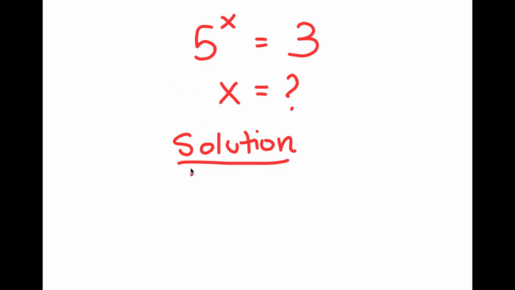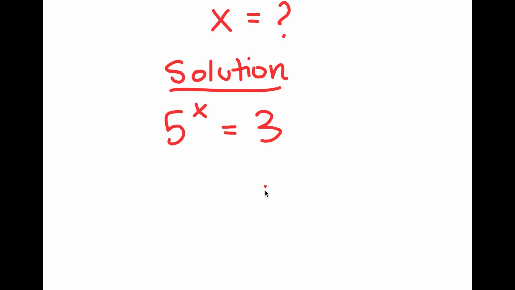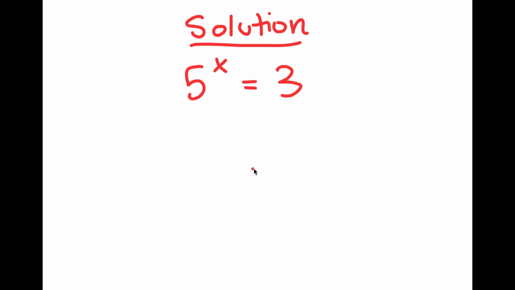I'm going to first rewrite my equation down here so I have a little more solving space. So my equation is 5 to the power of x is equal to 3. And now before solving this problem, I want you guys to notice that x is going to be less than 1, but it's still going to be greater than 0.